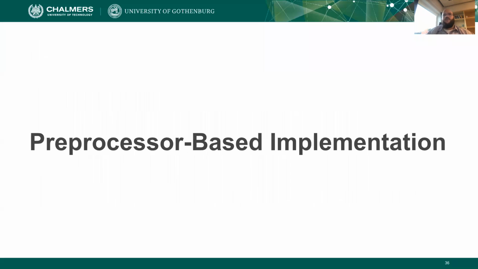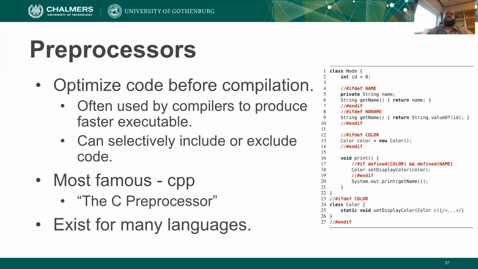So first of all, preprocessor-based implementations. We've touched on this before, but just to go into a bit more detail, preprocessors are tools that manipulate the source code before we compile it, with the intent that we can optimize the final executable in some form, whether that's for speed or, in our case, to configure the executable for a particular use based on the options that have been chosen.